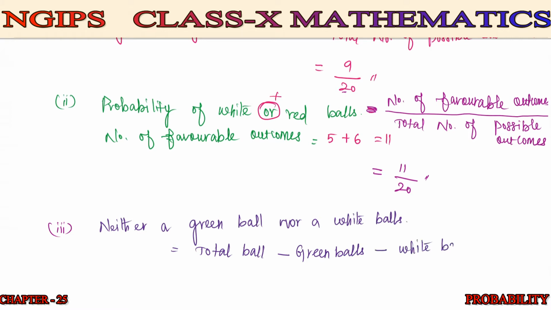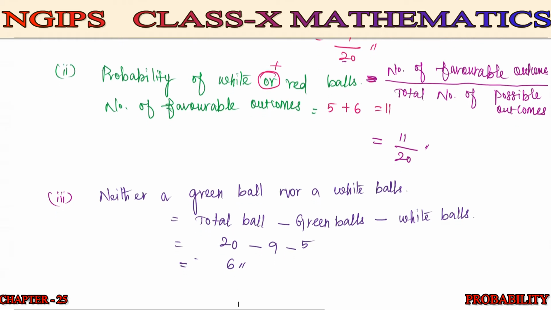Total balls is 20, green balls are 9, and white balls are 5. 9 plus 5 is 14. From 20, if you subtract 14, you will get 6.